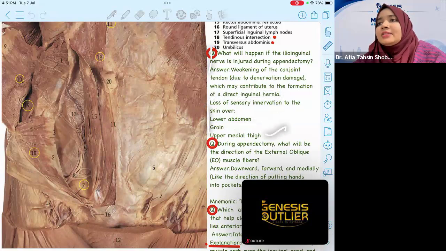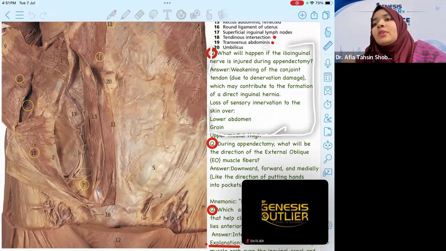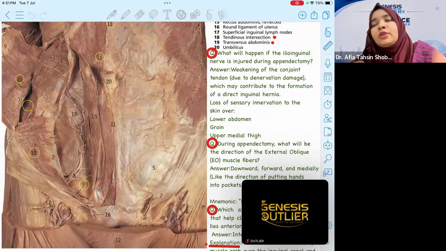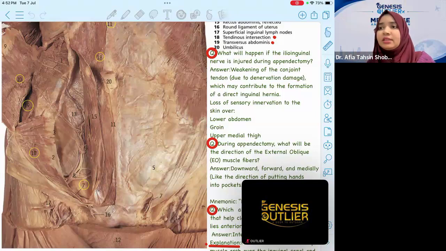So it is an exam question. Two consequences: if the ilioinguinal nerve is damaged, then the conjoint tendon will be weakened, and direct inguinal hernia can occur. And there may also be loss of sensory innervation to the skin over lower abdomen, groin, and upper medial thigh.